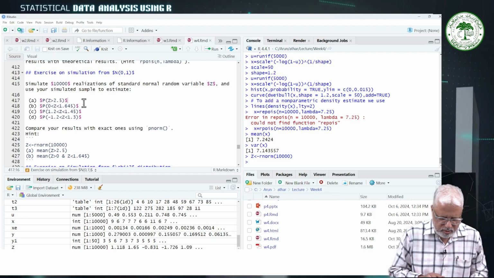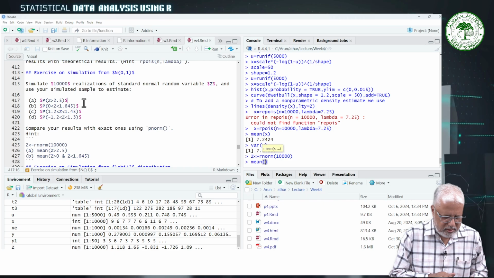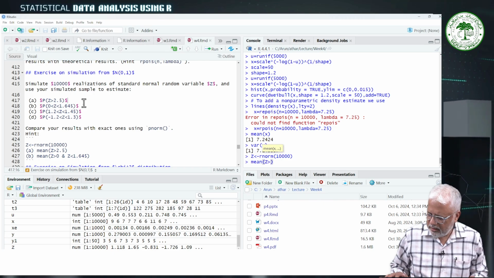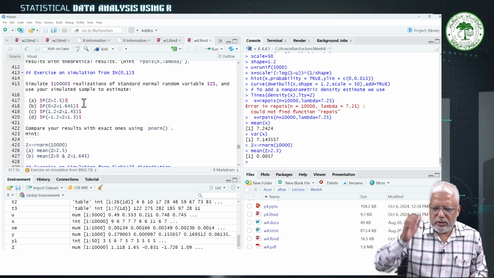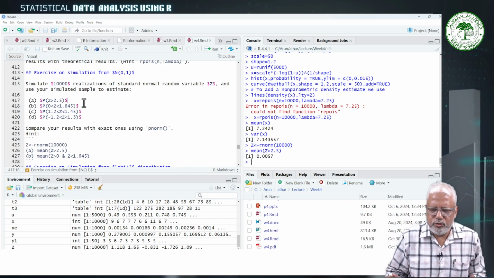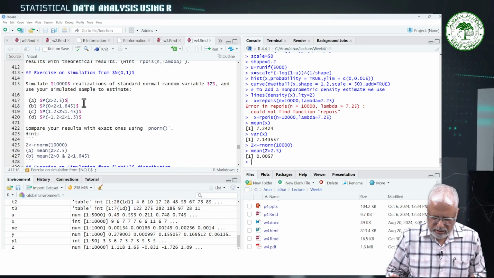To compute this, we compute the mean of z greater than 2.5. So its probability is 0.0057. This result we have got on the basis of simulation.